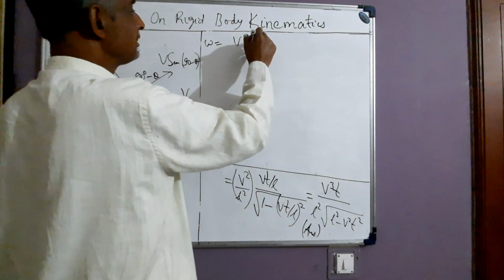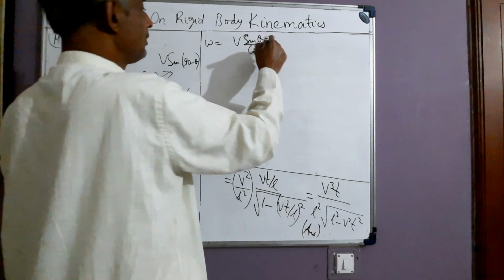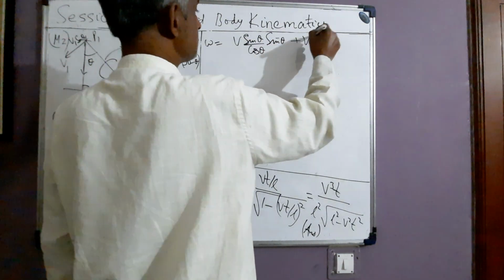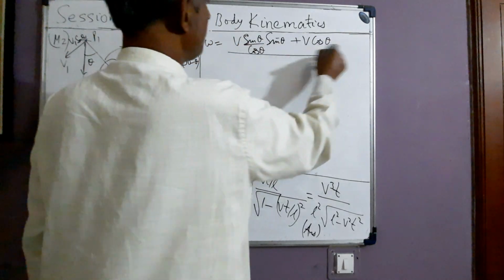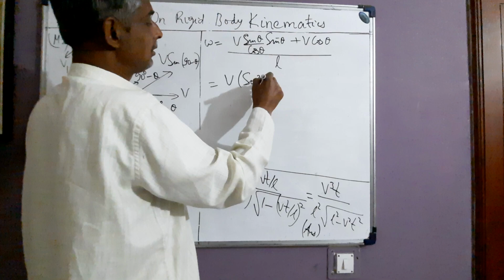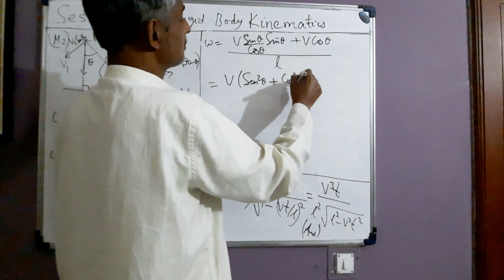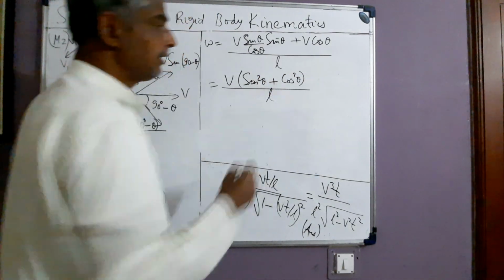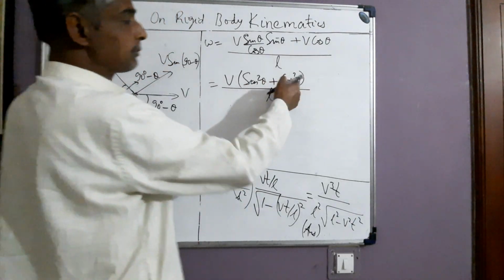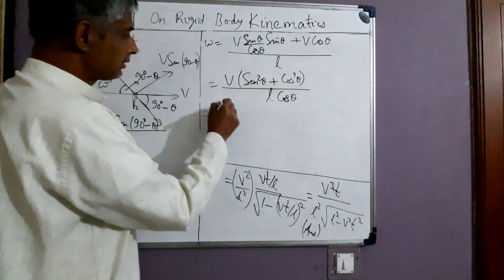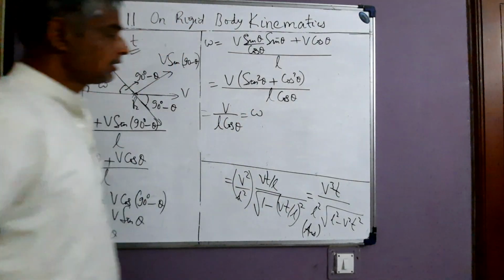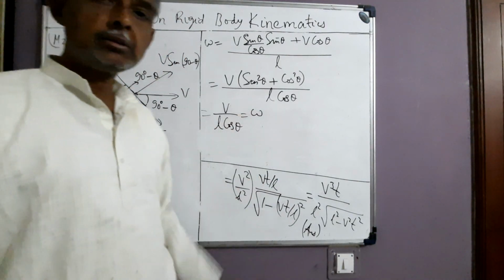V tan theta is sin theta by cos theta, into sin theta, plus cos square theta by L, with cos theta coming down. Now sin square theta plus cos square theta becomes 1. So this becomes V by L into cos theta. This is omega, the same as we obtained in method 1.